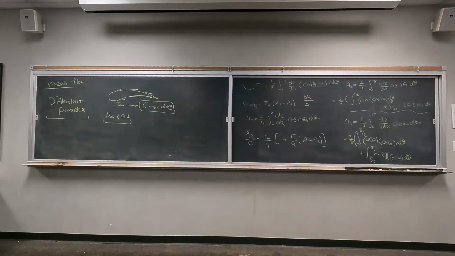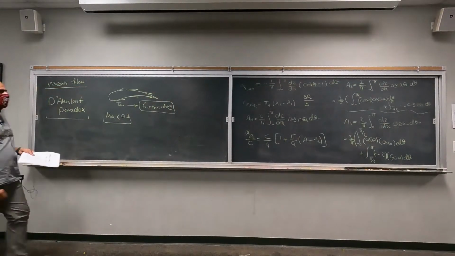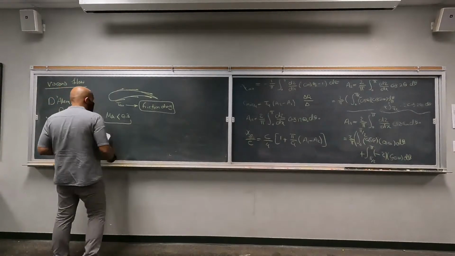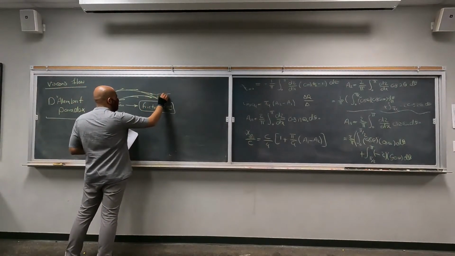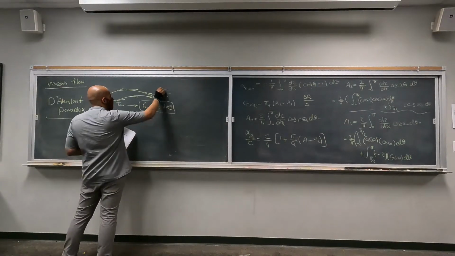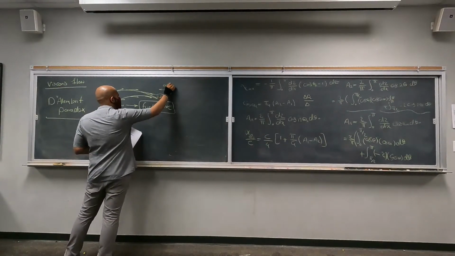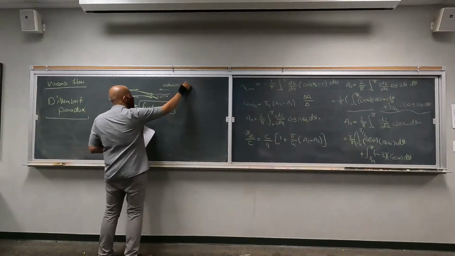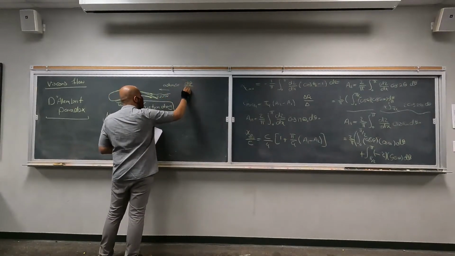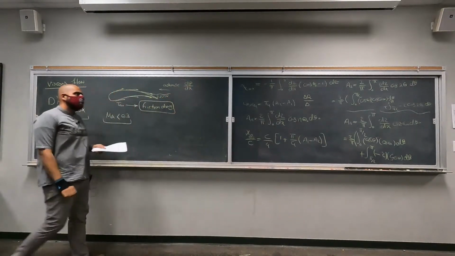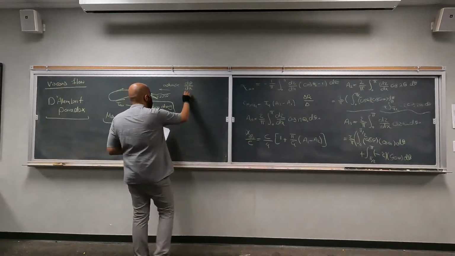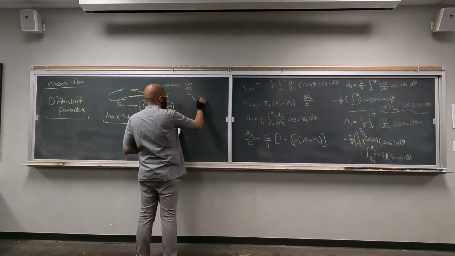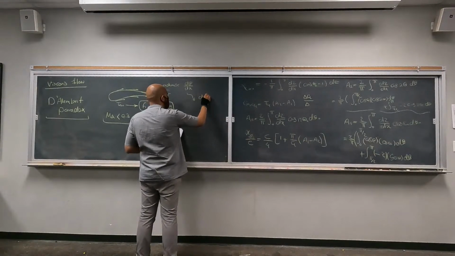But there is another type of drag that is present here, especially when you have flow separation. I think we talked a little bit about flow separation, right? Which means that you are going to have an adverse pressure gradient. And the drag due to this adverse pressure gradient is called the drag by pressure.